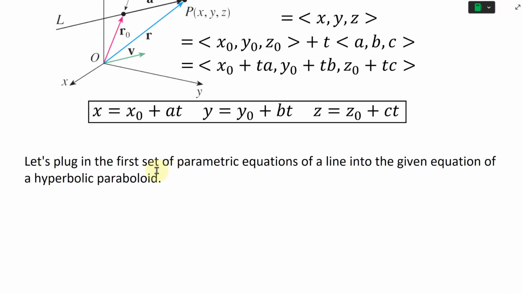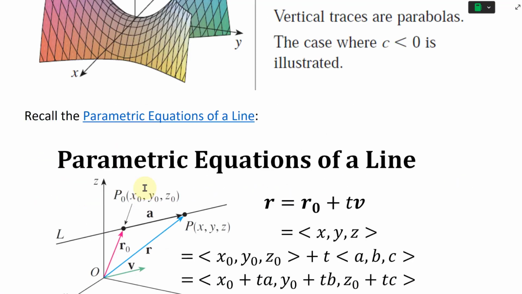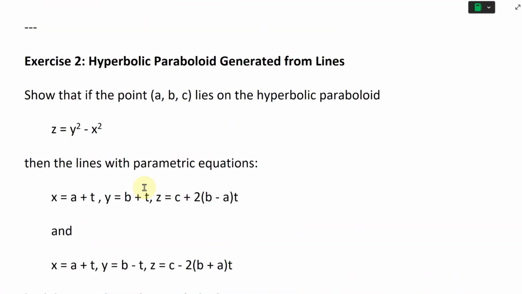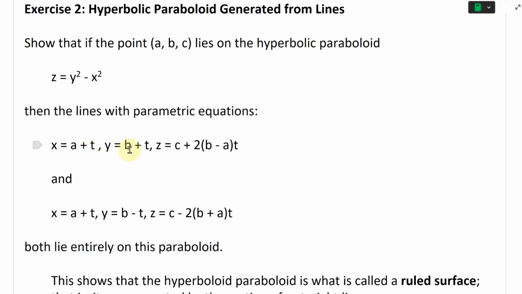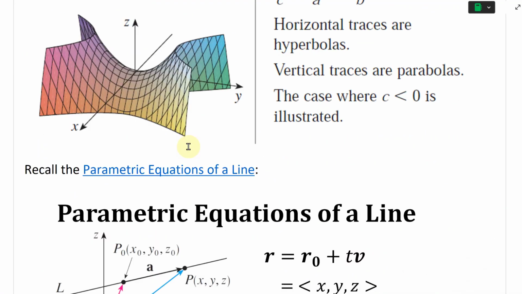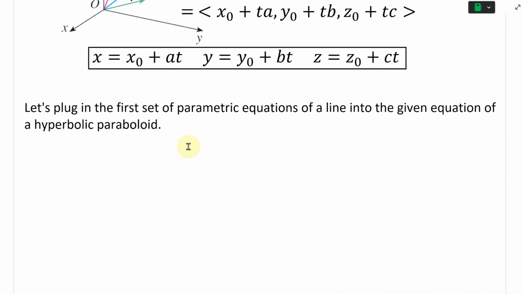Alright, so let's plug the first set of parametric equations of a line into the given equation of a hyperbolic paraboloid. So we go back up to our equations. Hyperbolic paraboloid: z equals y squared minus x squared. Then you have the parametric equations x equals a plus t, y equals b plus t, and z equals c plus 2 times b minus a times t.